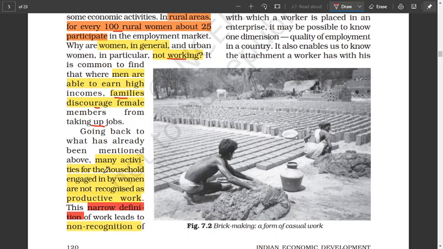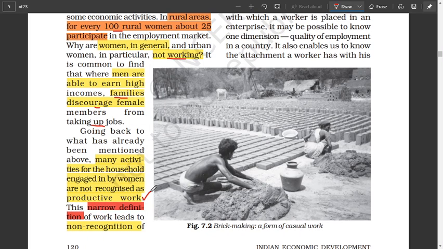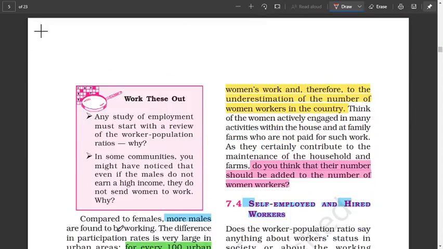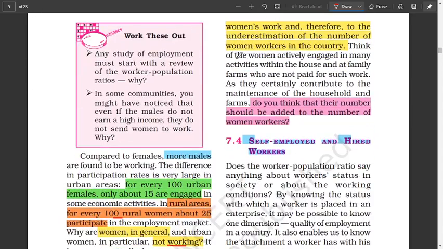Many activities in the household engaged in by women are not recognized as productive work. That we came across because they are working for free. But this narrow definition leads to non-recognition of women's work and therefore to the underestimation of the number of women workers in the economy.